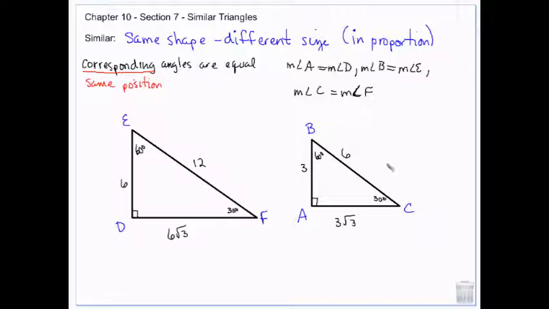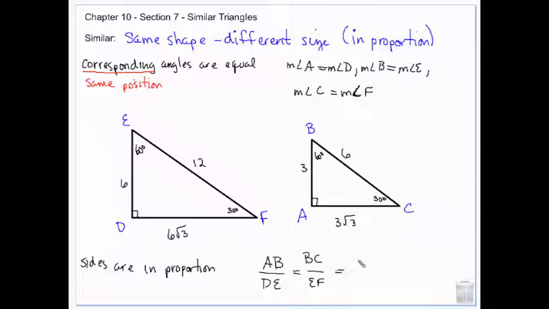Sides are in proportion. What that means is if I take this side AB and put it over the corresponding side DE, it will be equal to side BC over EF, which will be equal to AC over DF.